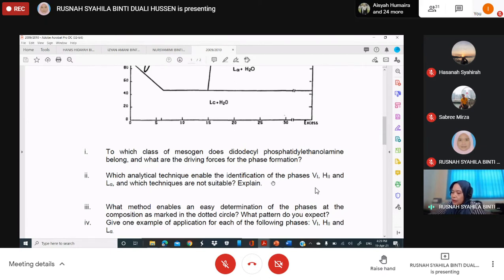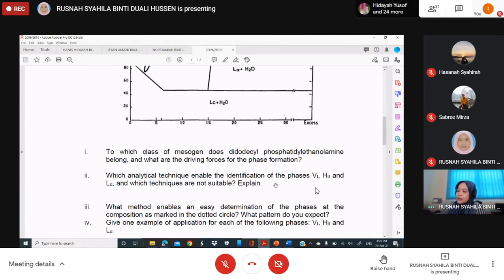And for deuterium NMR, because it is based on the quadrupole splitting, you are able to identify and discriminate between inverted hexagonal and lamellar, because of the value of the quadrupole splitting. Unfortunately, that method will not be able to tell you whether it is inverted or normal hexagonal.